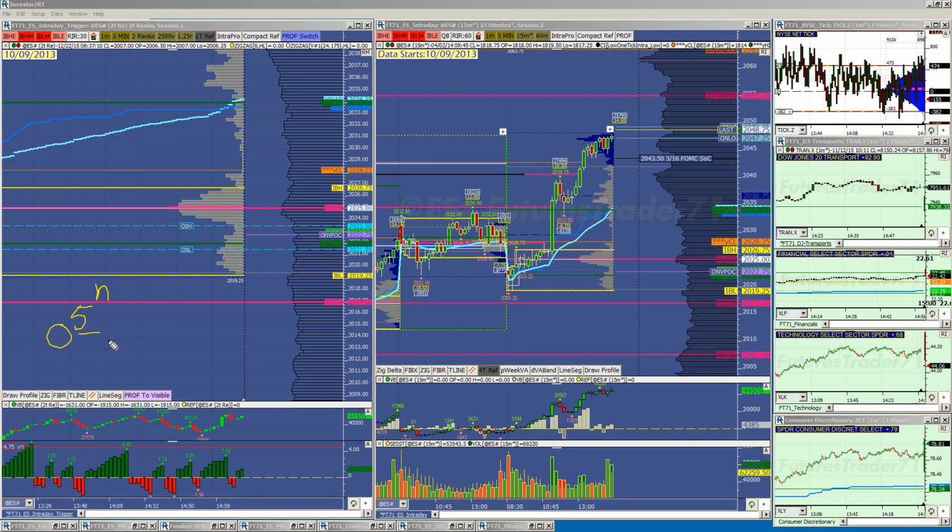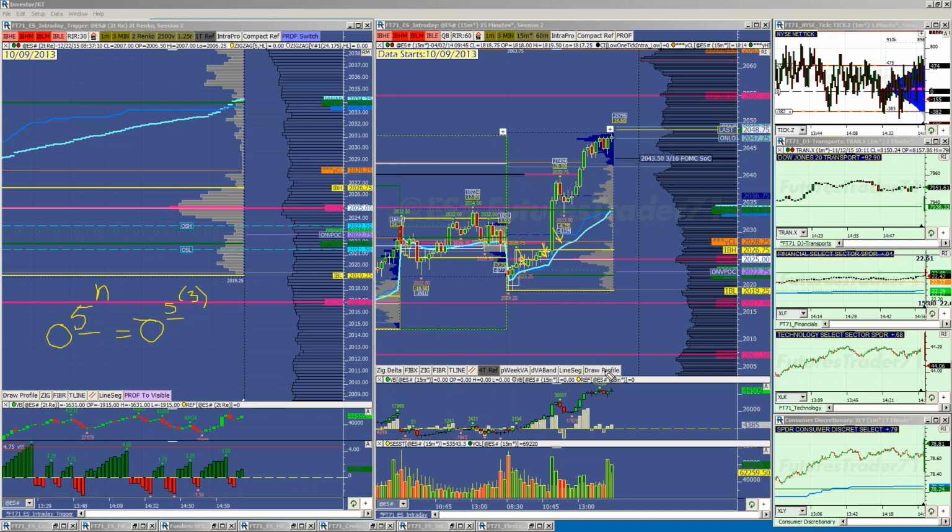Generally, if I try to get short, let's say I got short here and I got stopped. I got short here and I got stopped. And I got short here and I got stopped. I stop getting short because for this equation to work, this would be 0.5 to the power of 3.